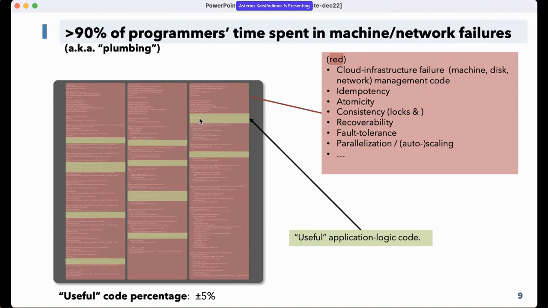What I marked here with green, in fact, I could even zoom into this, is the actual useful application logic code. What do I mean by that? For instance, you first have to check if there is enough stock. And if there is enough stock, you can decrement that stock.